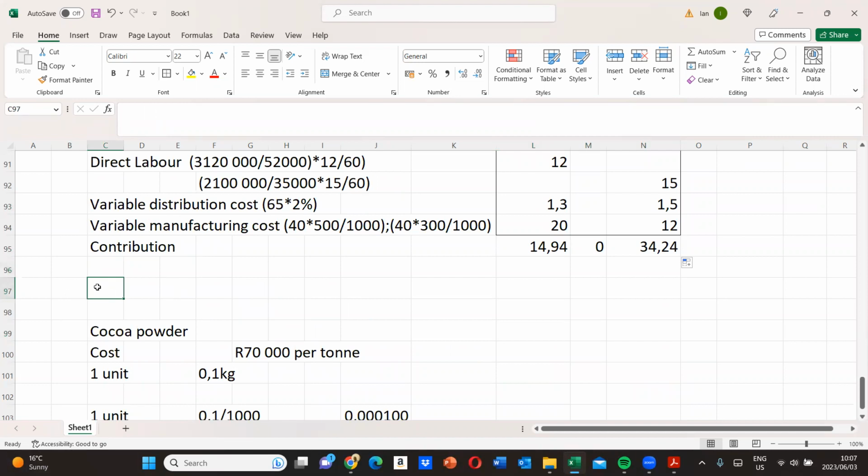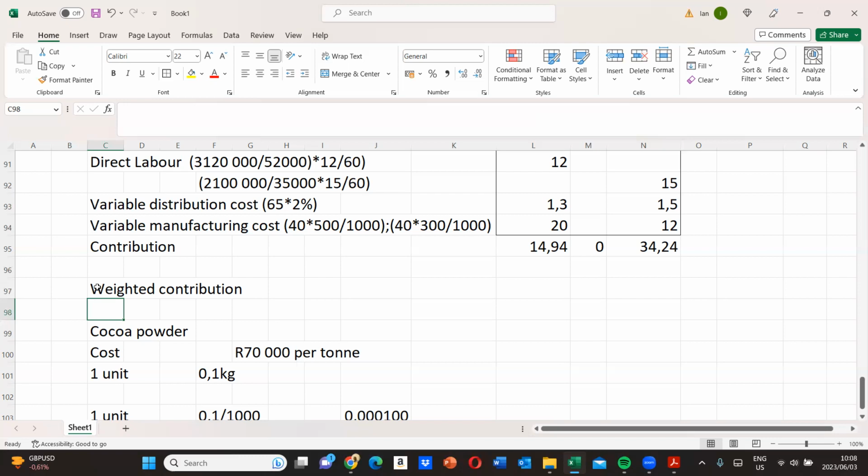So you work weighted contribution, and then after that, you add all your contribution there. Then you divide fixed cost by weighted contribution. That's what will give you the break-even point. So you then say the sales units minus the break-even point. That's what will give you a margin of safety there.